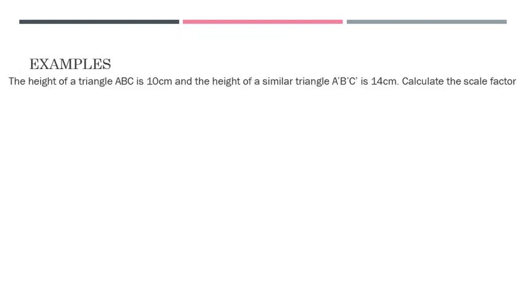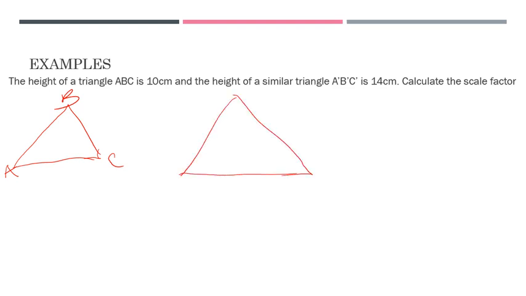So let's look at an example. In this example, we have triangle ABC, and that triangle which has been enlarged, this is A dash B dash C dash, and here height yake ndi 10 centimeters, iyi yaikulu iyi height yake tikuti ndi chani, ndi 14 centimeters.